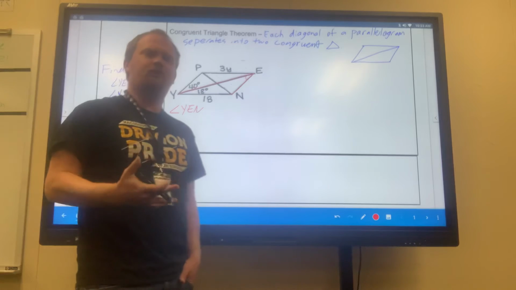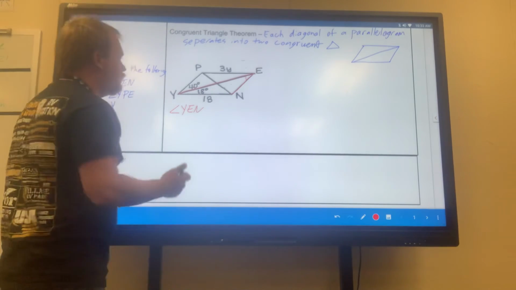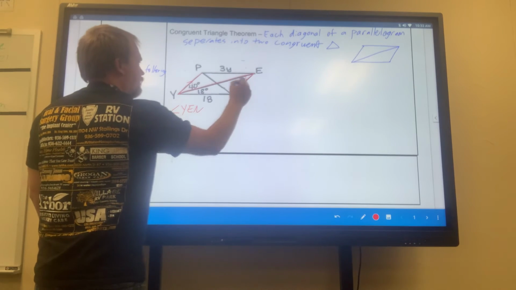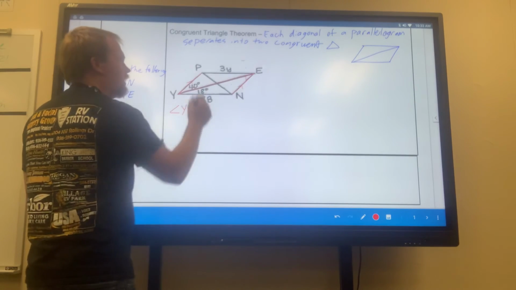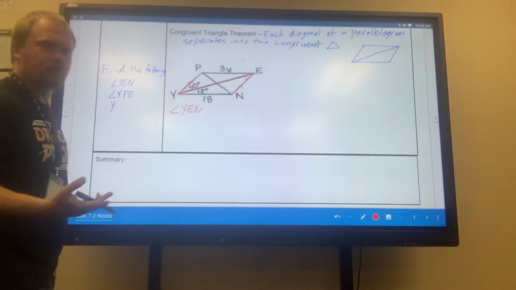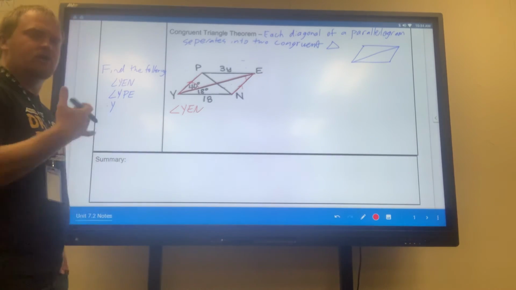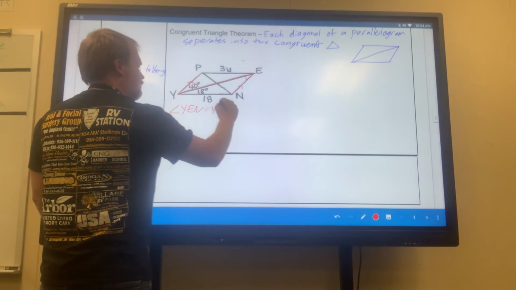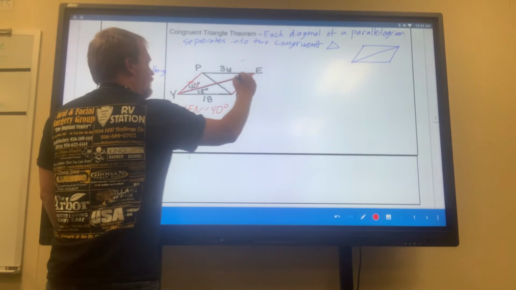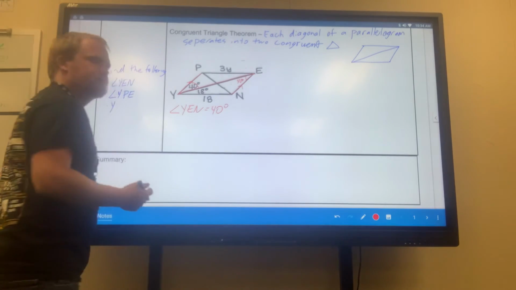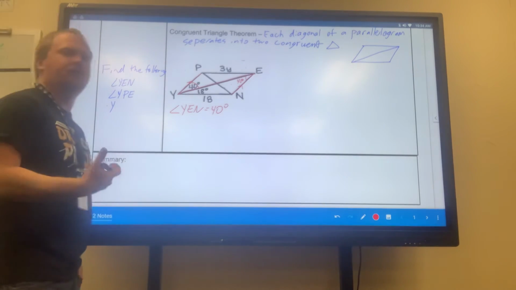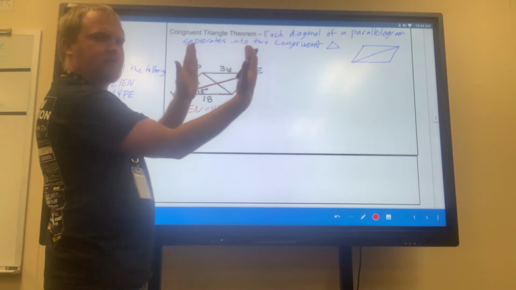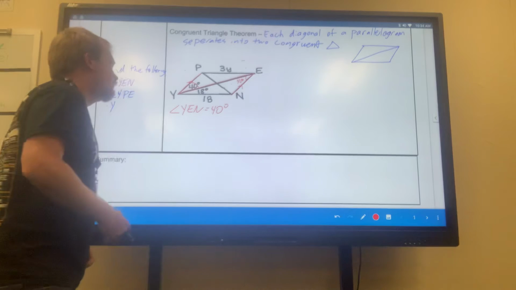If we remember transversal lines, we know that if the lines are parallel to each other, then alternate interior angles are congruent to each other. So by knowing that fact, we know that YEN is 40 degrees, because they're alternate interior angles. Now we typically see it like this, but it's just as true if it's like this. Alright?